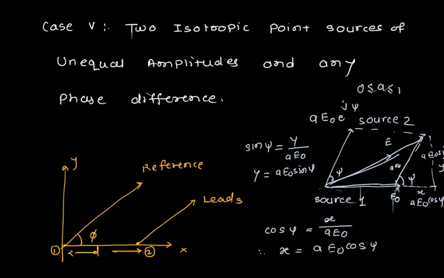Now how am I going to calculate the total field here? The total field is the square of the resultant, which is the square of this plus the square of this. So mod of E square is equal to mod x square plus mod y square.